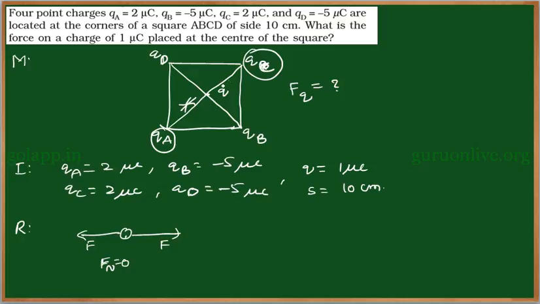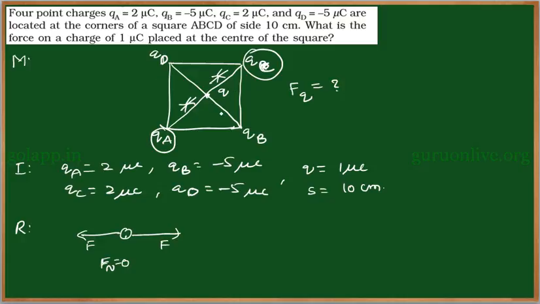Even between QC and Q there will also be a repulsion. These repulsive forces are the same and act in opposite directions. So the net force acting on Q due to QC and QA is 0.